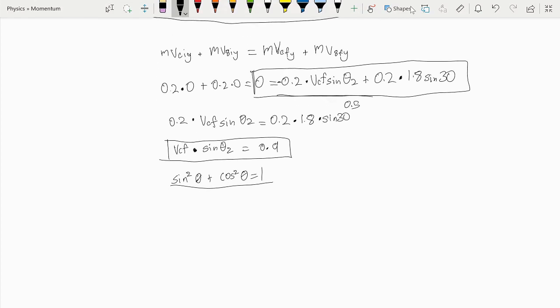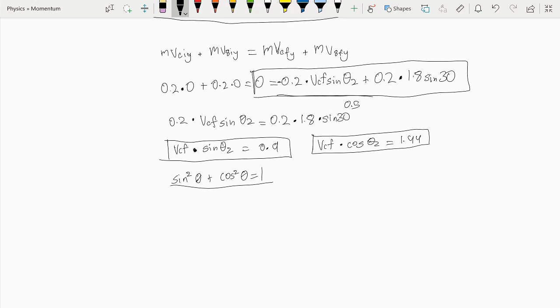So I'm just going to rewrite our previous equation. So VCF times cosine theta 2 is equal to 1.44. And since we need to get to this squared form, what I'm going to do is I'm going to square both of these individual equations and then add them together.